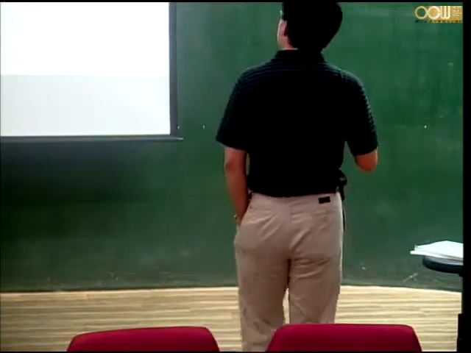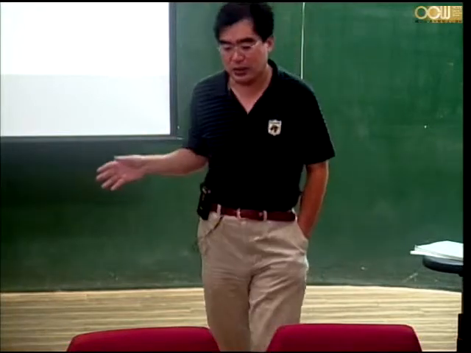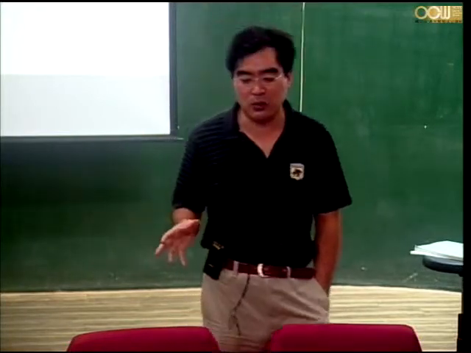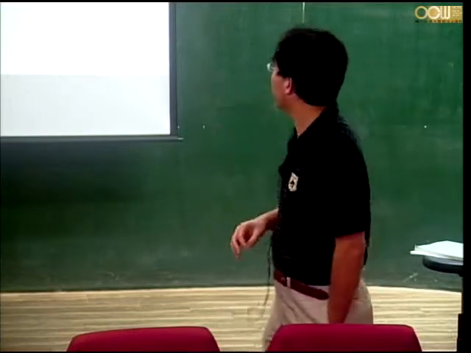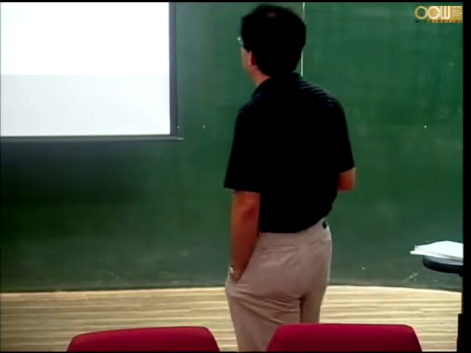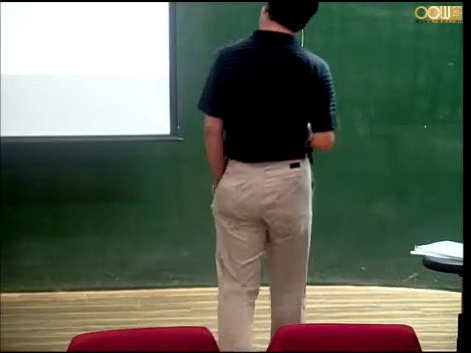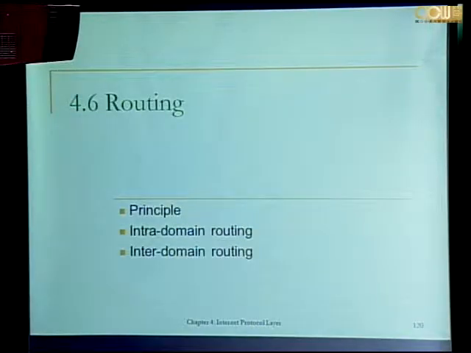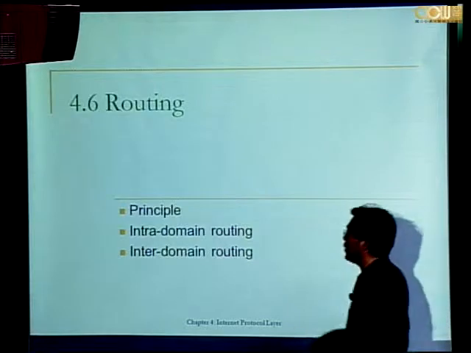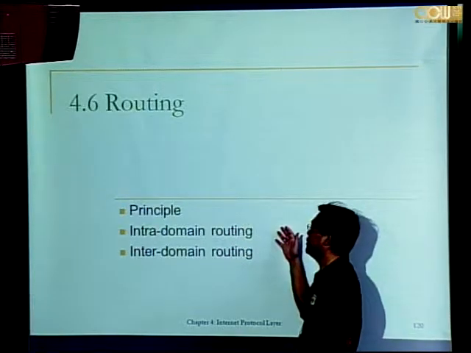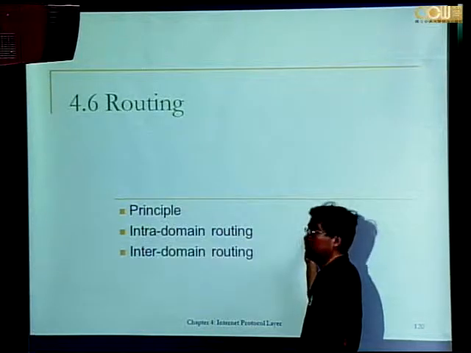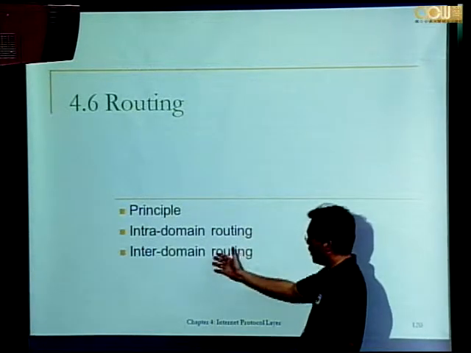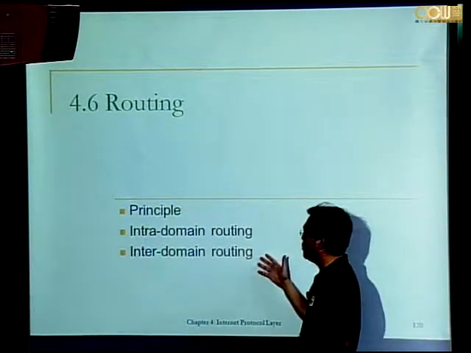But unicast does not destroy the stateless nature of the routers, so it is of course quite successful. So we look at unicast routing first, and we look at the principle, and then the intra-domain routing by RIP and OSPF, two routing protocols, and then inter-domain routing by BGP.